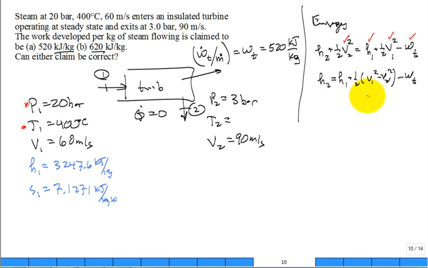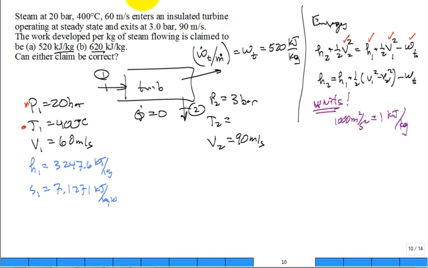Now, the only thing that you have to remember is units. Where do a lot of students make errors with this type of problem? In units. That's right. 1,000 meters squared per second squared is 1 kilojoule per kilogram. That's a unit conversion that you need to use.